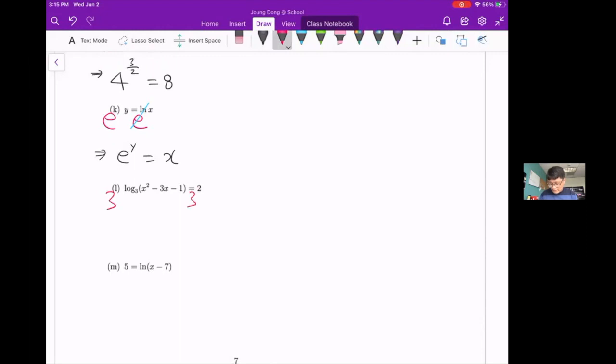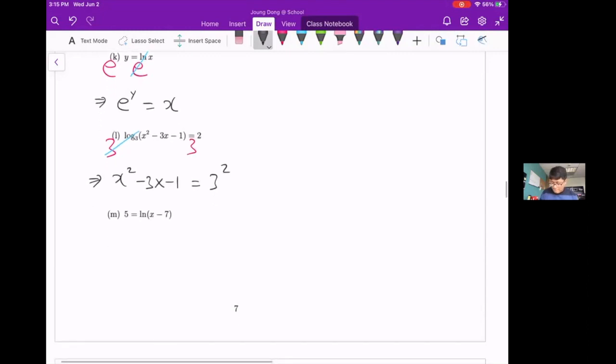In this case, the base is 3, so we're going to raise 3, and this is gone. On your left-hand side, you have x squared minus 3x minus 1 equals 3 squared, right? And do the same thing for M: raise e on both sides because that is the natural log. Then e to the log will be gone, and e to the 5 is x minus 7.